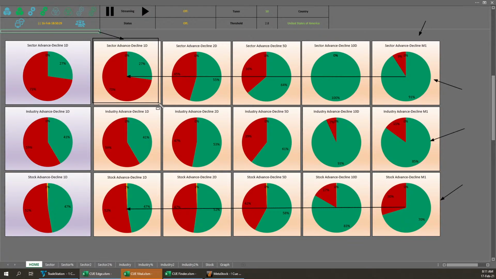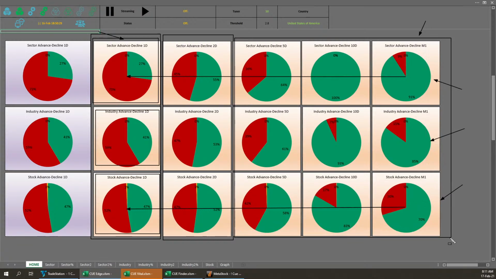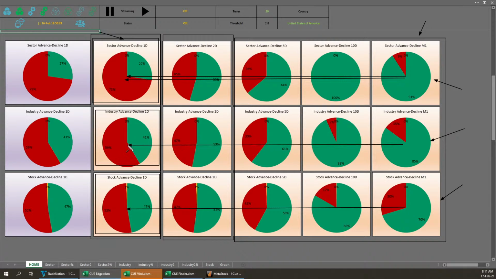Yesterday, 73% of sectors were down, 59% of industries were down, stocks were more balanced, 52% of stocks were down. Yesterday was overall bearish. Over a 2-day period, it was balanced, and before that it was bullish. So we can see a gradual transition from a bullish to a bearish picture. That is another reason to be cautious.